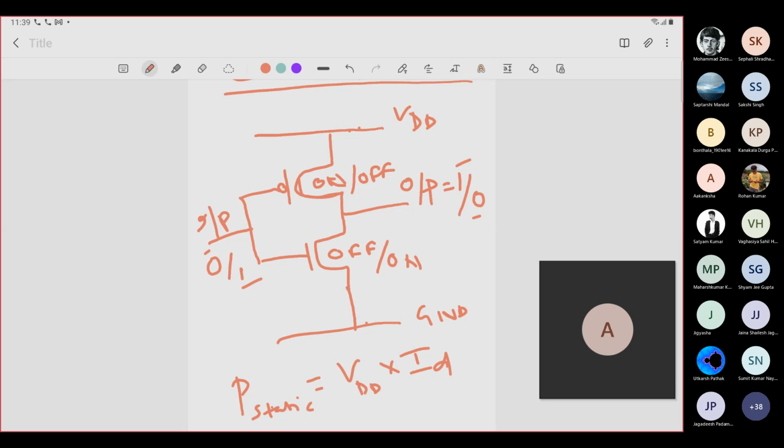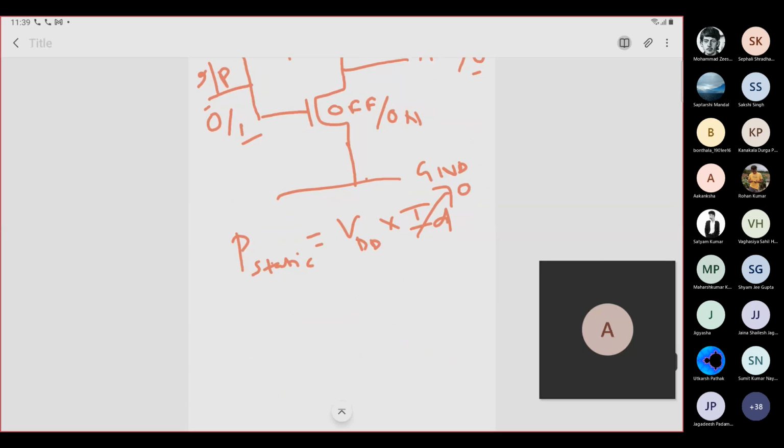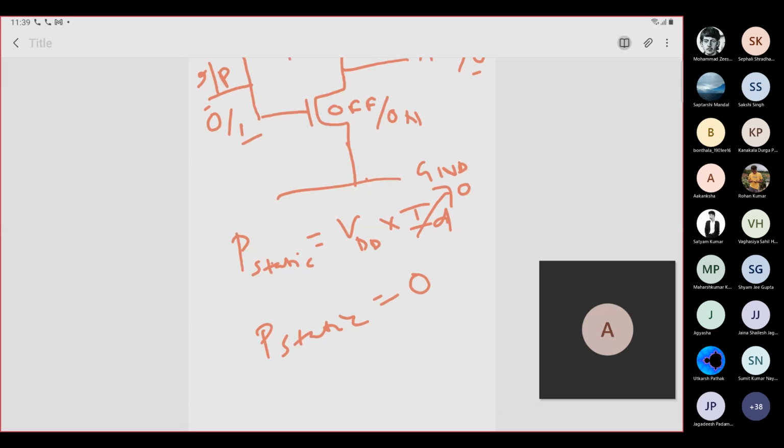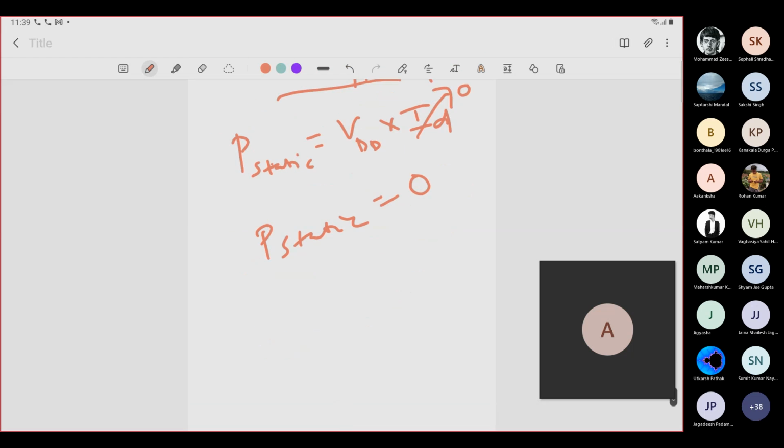So ID becomes 0, and static power becomes 0. That's why CMOS circuits are said to be low power circuits.